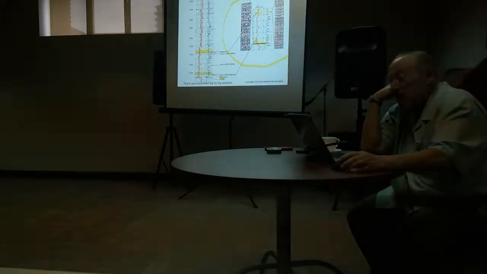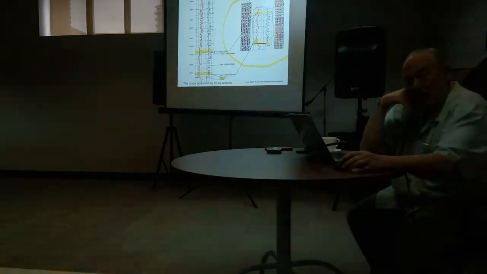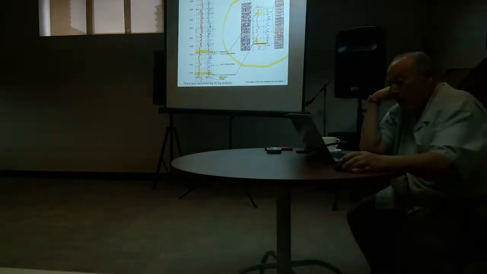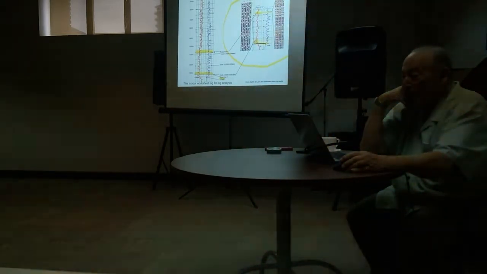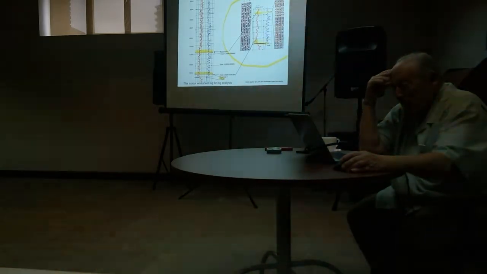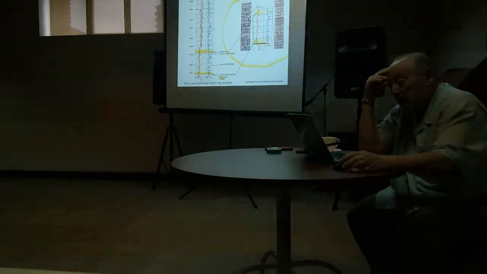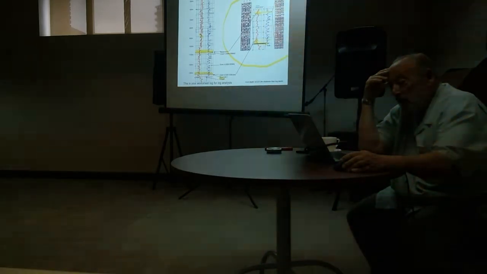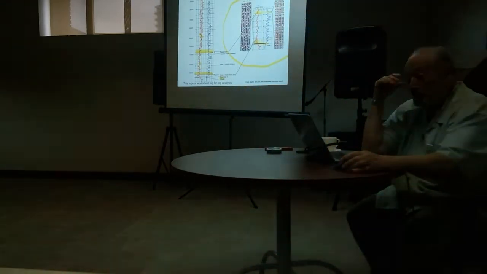When you looked at all the other log patterns in that well, what you mainly found, as you can see by my arrows here, was a cleaning upward log pattern, cleaning upward pattern, cleaning upward pattern.